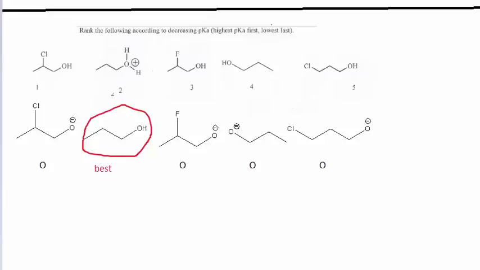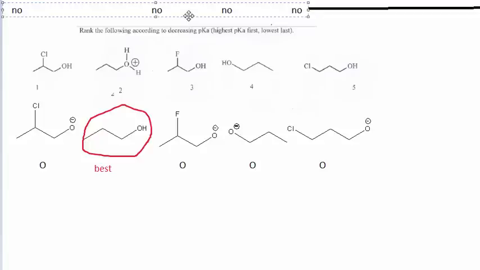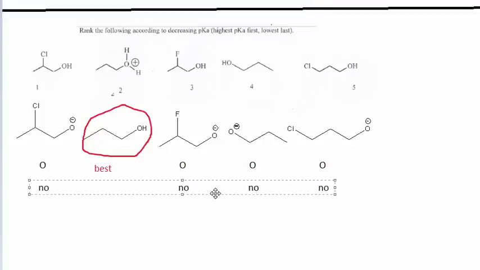Okay, the next step is look at the resonance. Once again, there's no way for any of these negative charges to get off these atoms, so there's no resonance involved here. Once again, what we're going to be caring about is inductive effects. Here we have a lot of halides around here helping out.